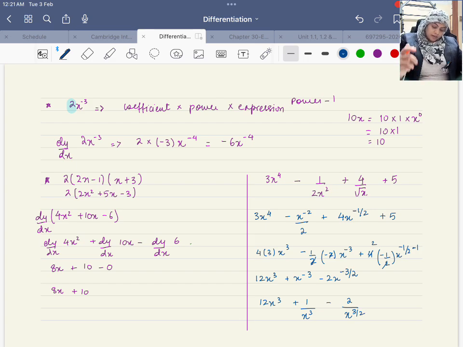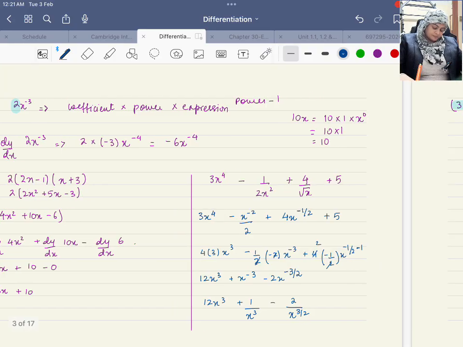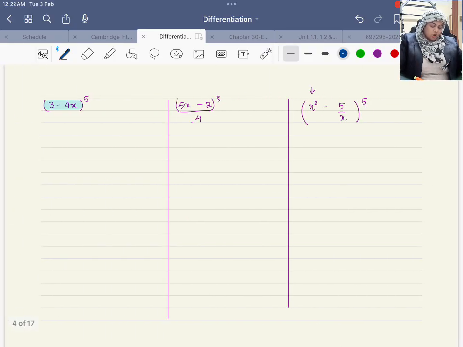Okay, let's move ahead. We saw that whenever we had a coefficient attached with x where x had power, we let the coefficient stay where it is. But what if the expression that we are talking about is a combination of terms and not just a variable?